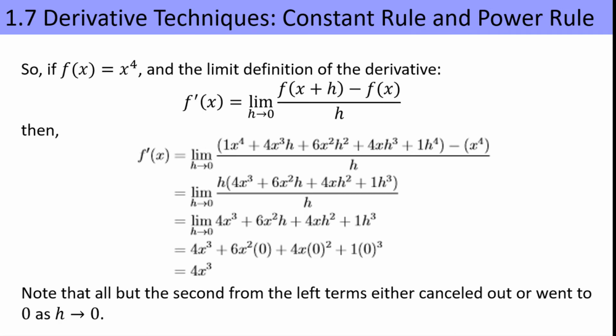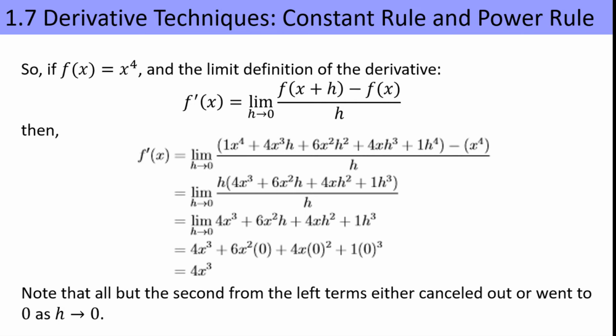Continuing, the h in the numerator and the h in the denominator cancel, so now we still have the limit as h approaches 0 of 4x³ + 6x²h + 4xh² + 1 times h³.